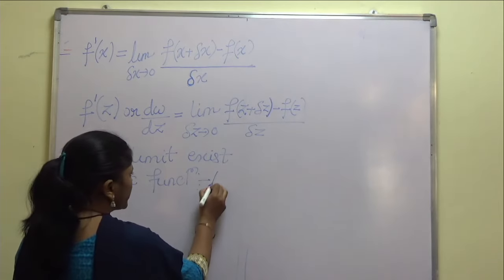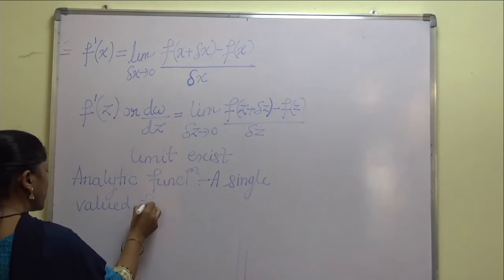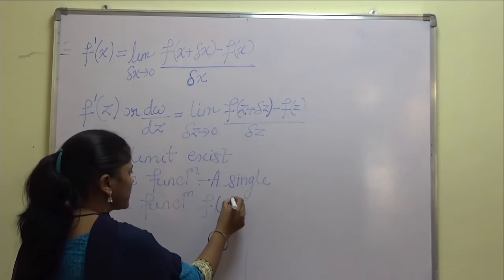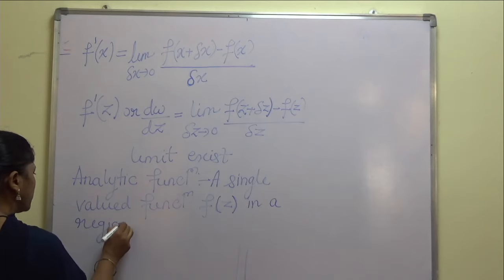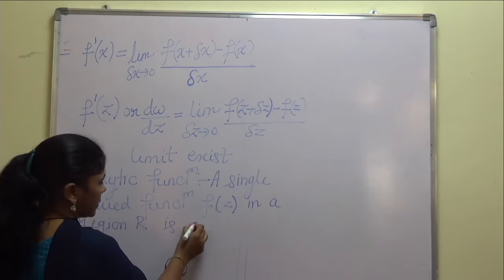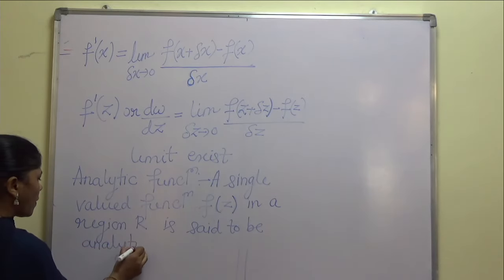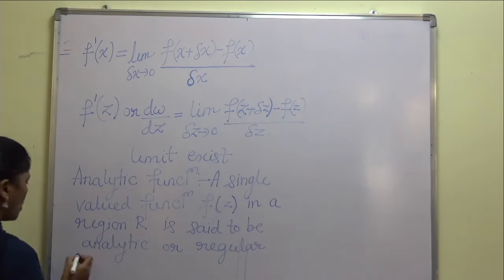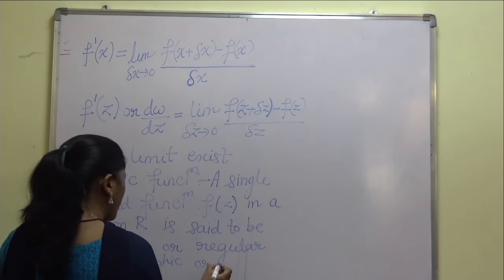A single valued function f of z in a region R is said to be analytic, also called regular, or holomorphic, or another word is monogenic.